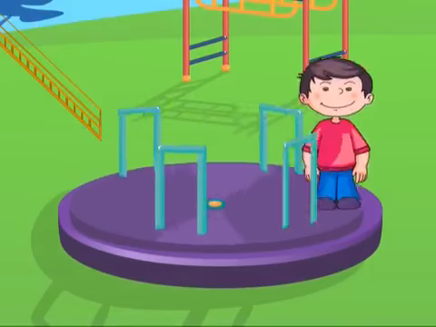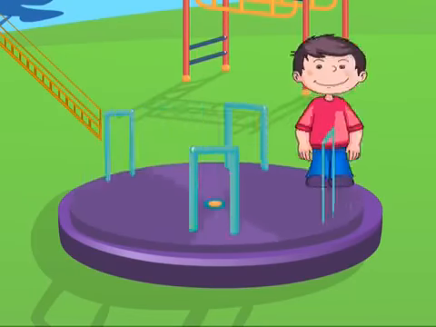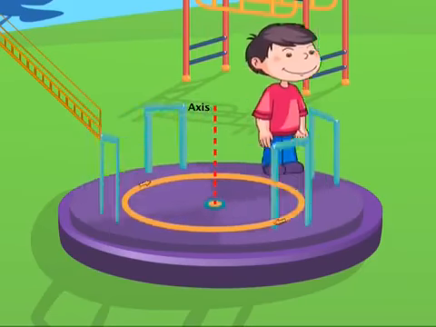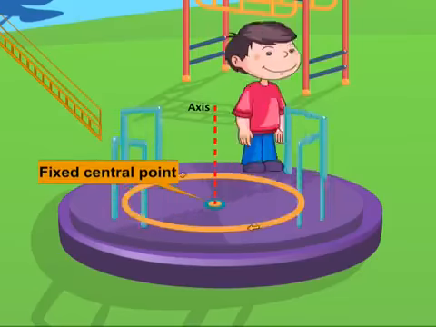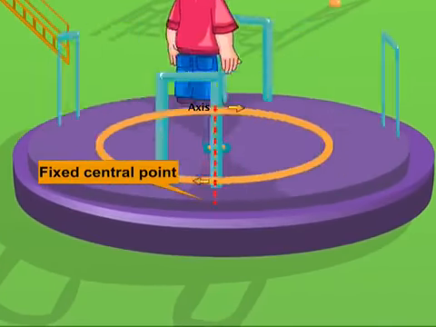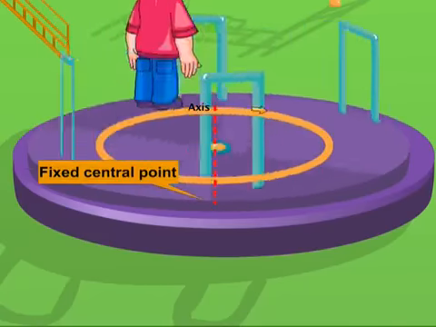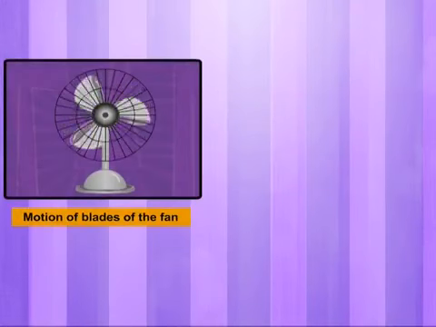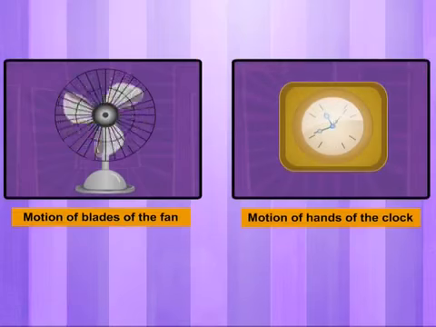Now look, the little child on the merry-go-round is moving along a circular path. The center point of the merry-go-round remains fixed. The merry-go-round moves around an axis passing through this central point. Now observe the motion of the blades of the fan or the hands of the clock.